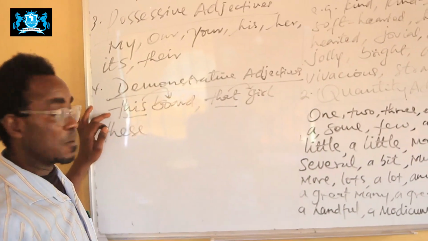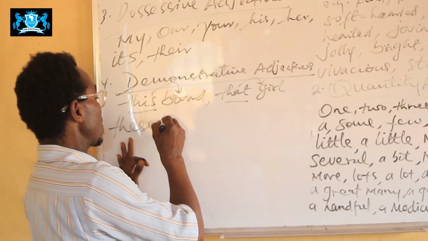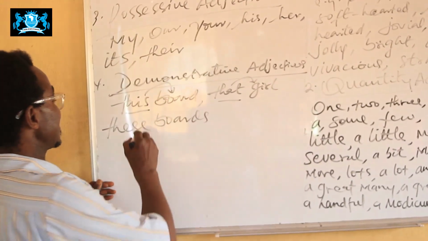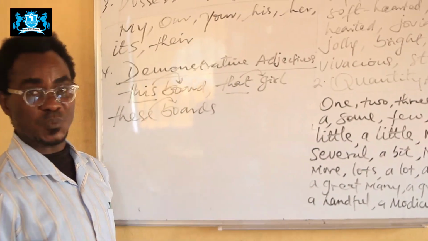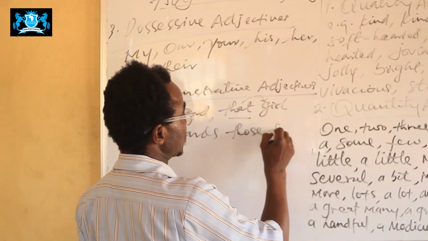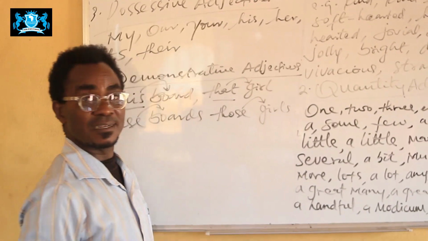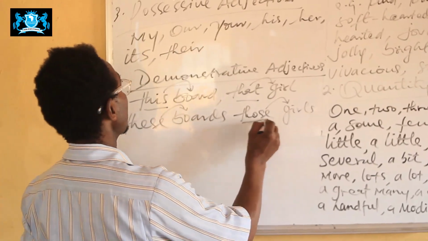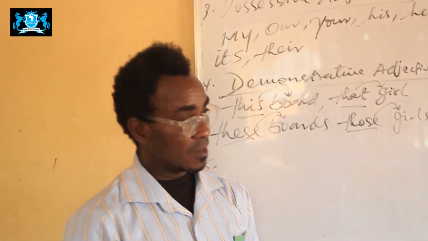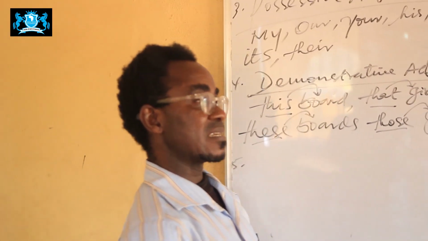When this becomes plural, we say these. So if we say this board, we must now say these boards. And when that is plural, it changes to those. So can I say those girls? That girl, those girls.